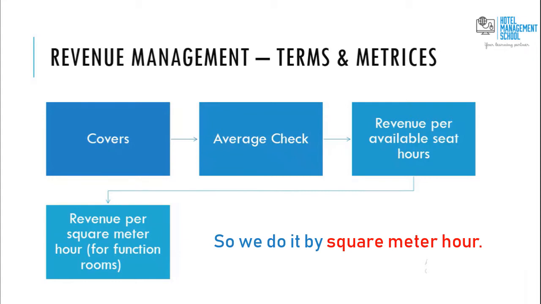We calculate how many square meters of functional facilities I have, and how many hours I'm operating, taking 12 hours as the standard. Then you can calculate how much revenue I'm making per square meter per hour, and compare it with last month, last year, or other hotels. So it's easier to see how effective you are in managing your own revenues.